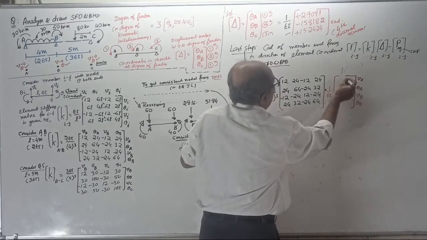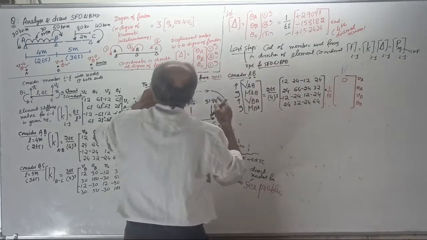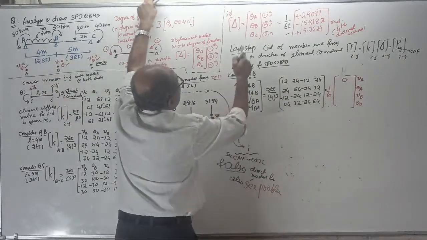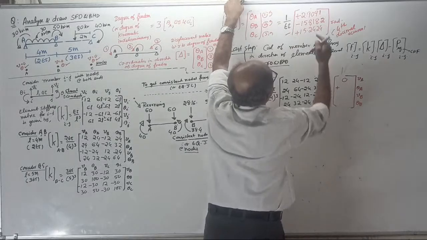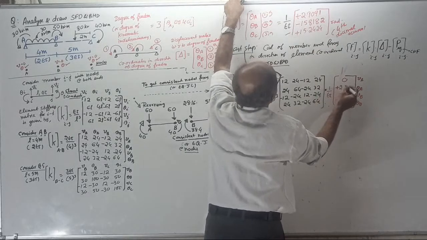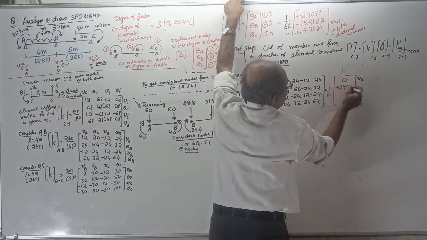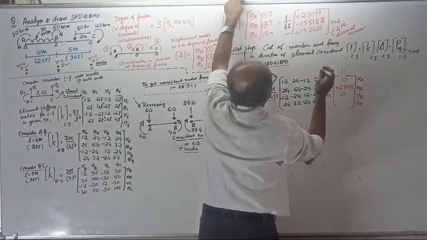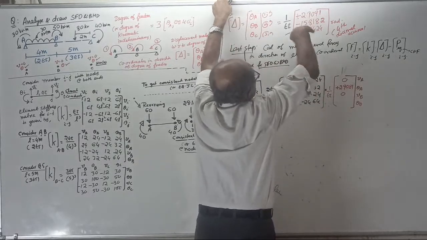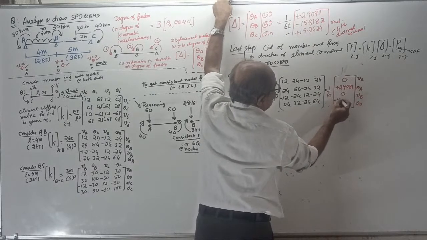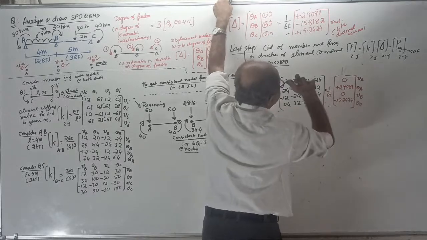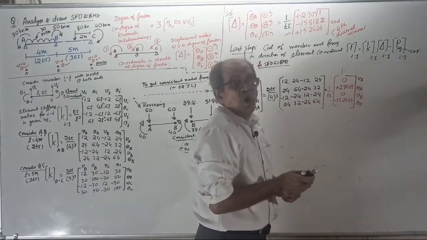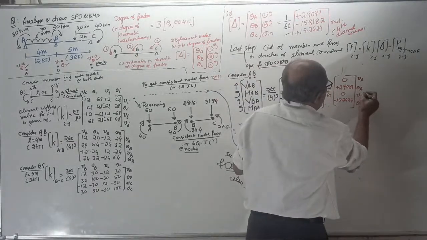Start. VA is 0. Theta A, plus 2.9081. VB is 0. Theta B, minus 15.2424. That's all. Now, most important, minus.